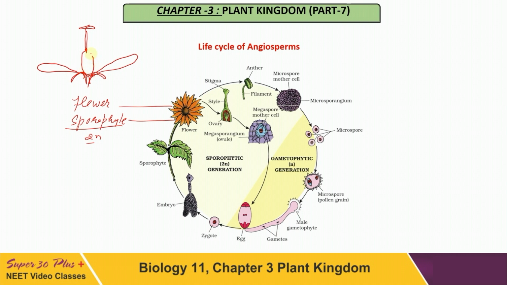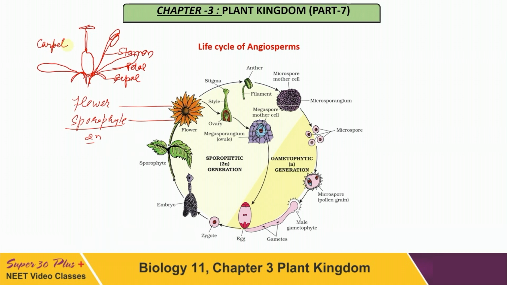The swollen base of the carpel is known as ovary, and this is the stamen, and the fertile part of the stamen is the anther. Can I summarize? This one is the sepal, this one is the petal, this one is the stamen, and this one is the carpel.